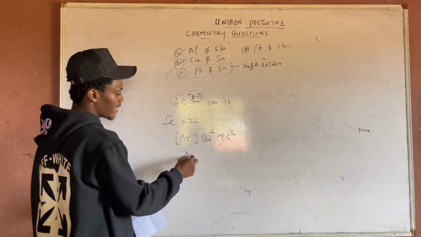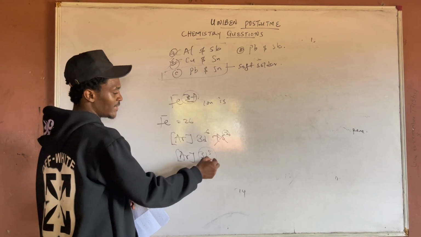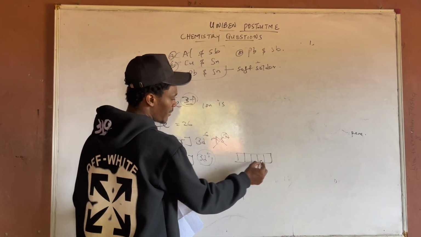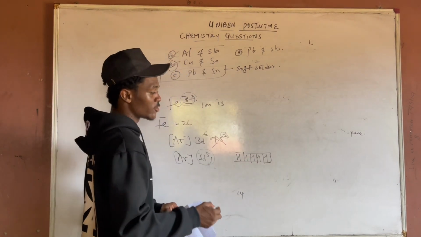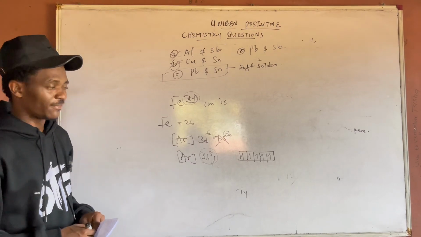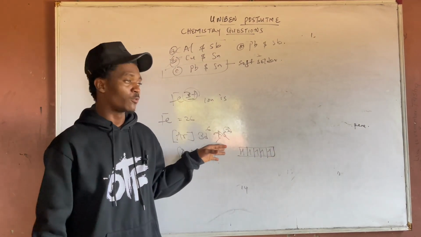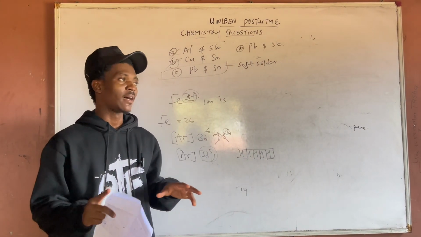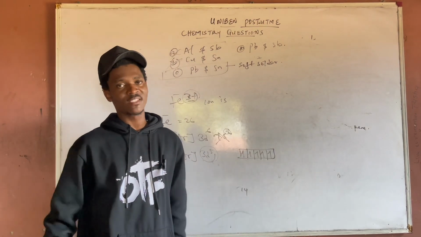So you are now left with Ar and what? 3d5. And for you to draw this, the d orbital takes a maximum of 10. It should be split into 5 parts. So that should be 1, 2, 3, 4, 5. In obedience to Hund's rule of maximum multiplicity, when you are filling the degenerate orbitals, you ought to fill singly before you start pairing, because you want to reduce the repulsive force of electrons to attain a level of stability.